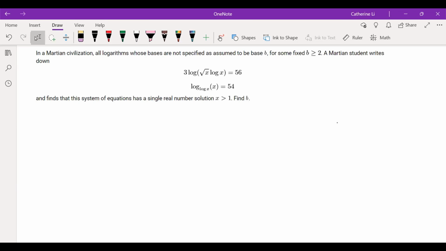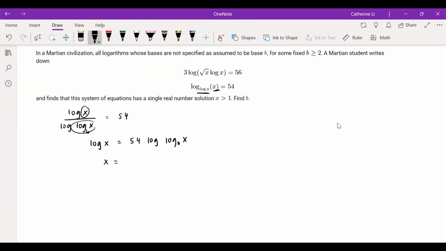So for this one, we're going to first look at the second equation because it's a little bit simpler. We have, by change of base, log x over log of this term, where x is this term, and then log x is here, is equal to 54, which means that log of x is equal to 54 times the log of log base b of x.